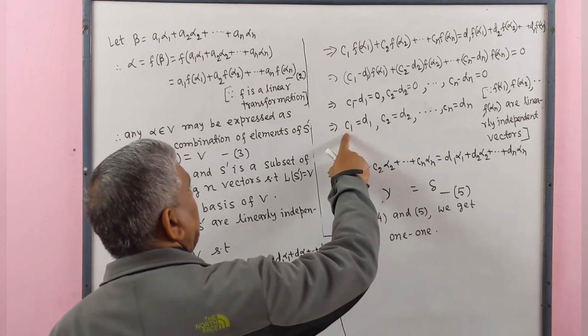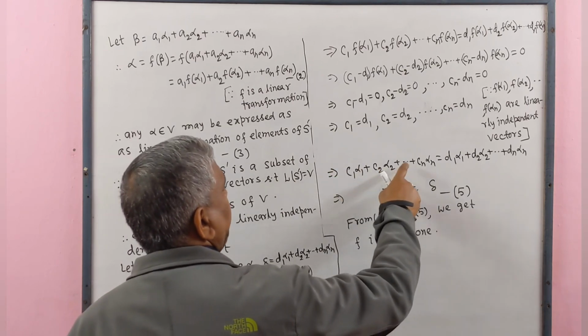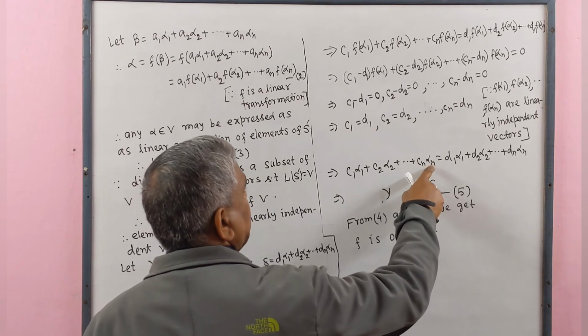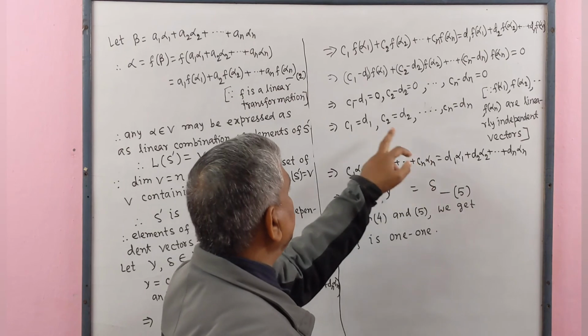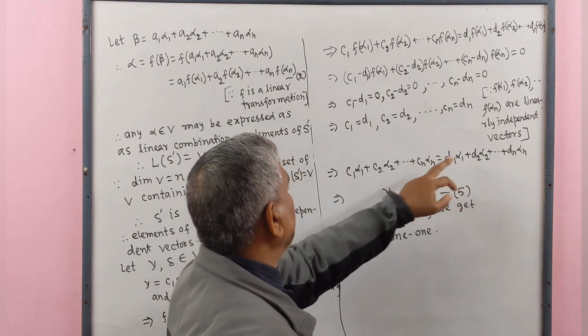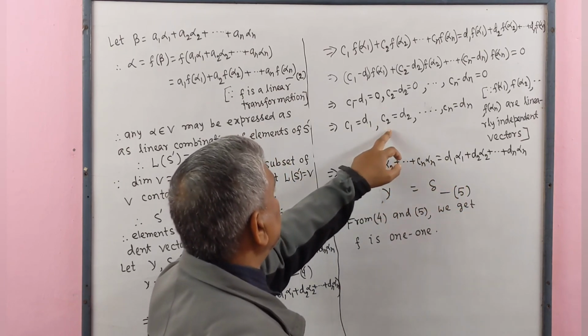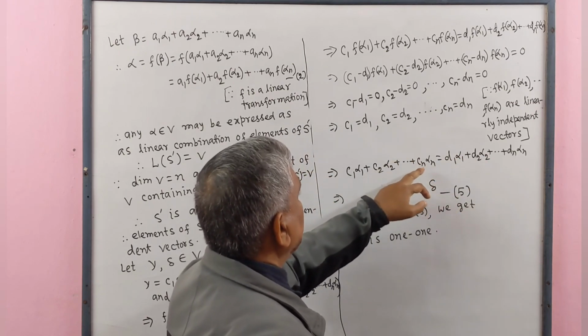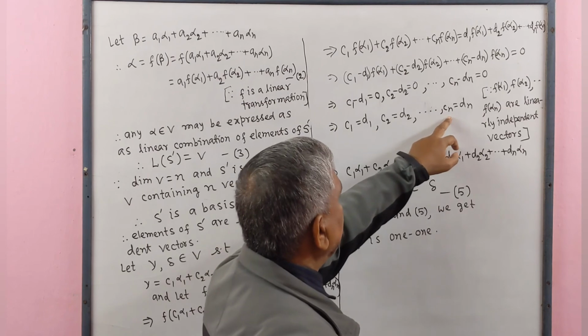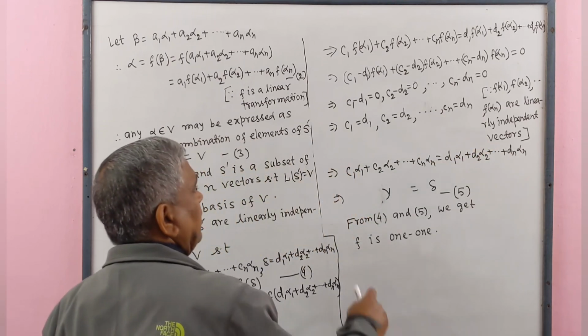Implies that c1 alpha 1 plus c2 alpha 2 plus ... plus cn alpha n equal to, in place of c1 we write d1 alpha 1 plus, in place of c2 we write d2 alpha 2 plus ... in place of cn we write dn alpha n.